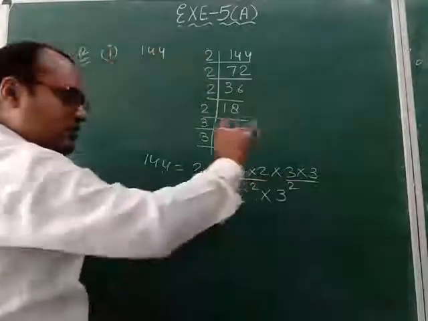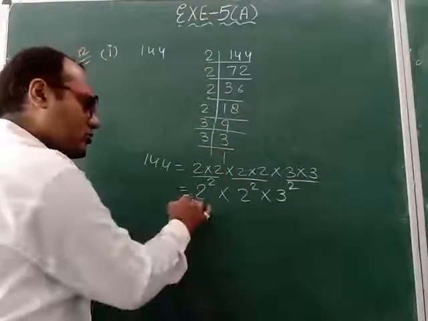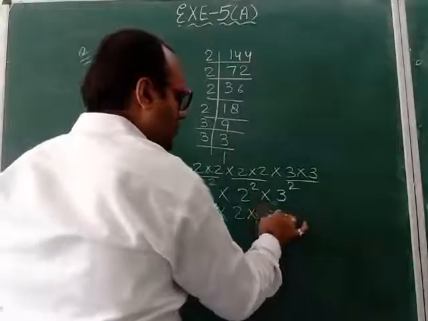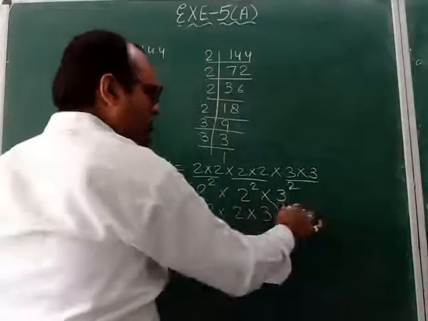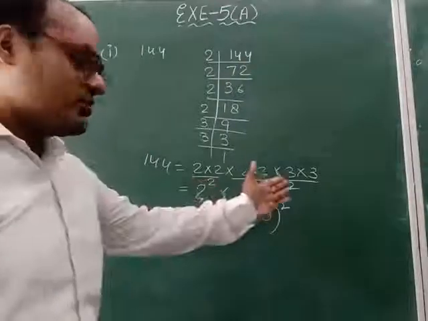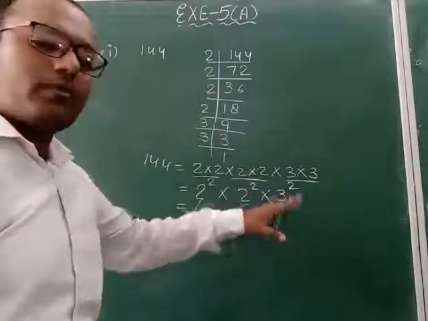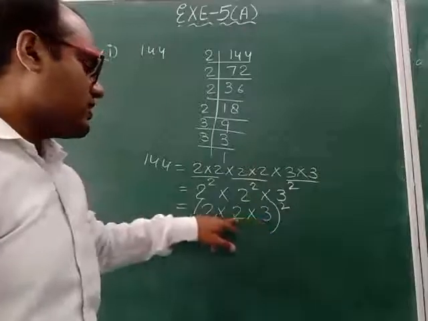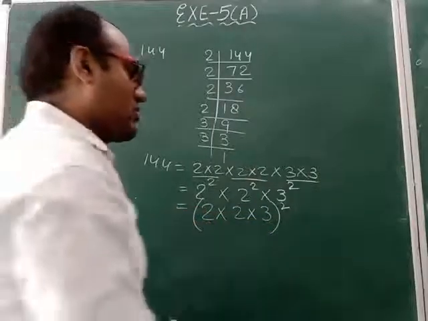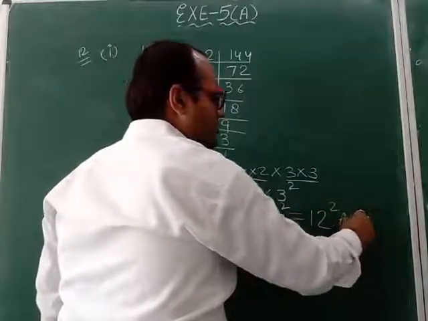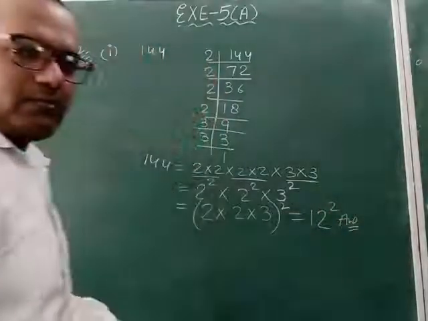Now all these numbers are having power 2. So we will write it as (2 multiply 2 multiply 3) whole power 2. All the powers are same, so in place of writing separately, we can write it as a whole power. 3 2s are 6, 6 2s are 12. So here we are getting 12 power 2. So this is your final answer of this first part.